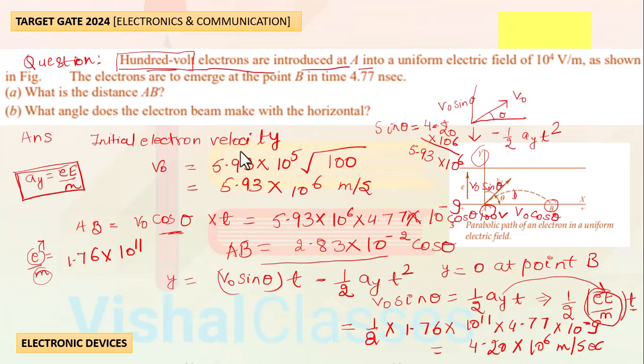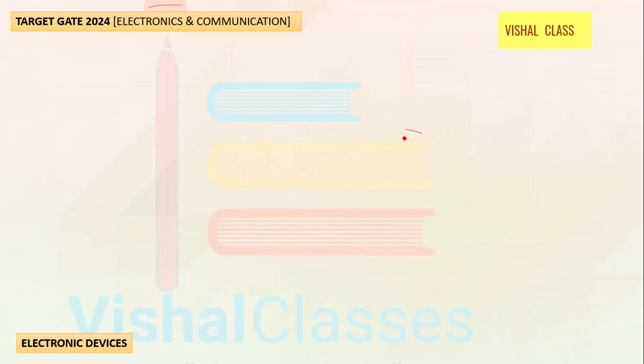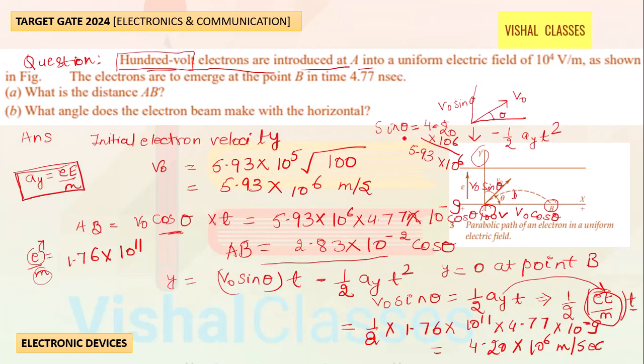See here, we have calculated V naught sine theta is equal to 4.20 into 10 raised to power 6. And here we are calculating sine theta.